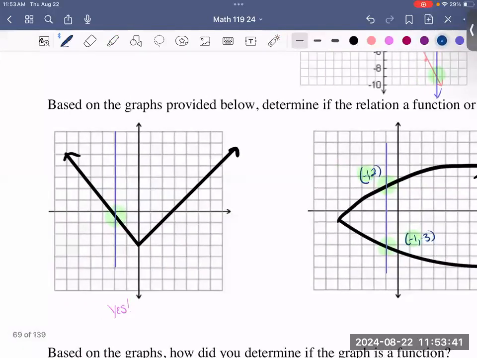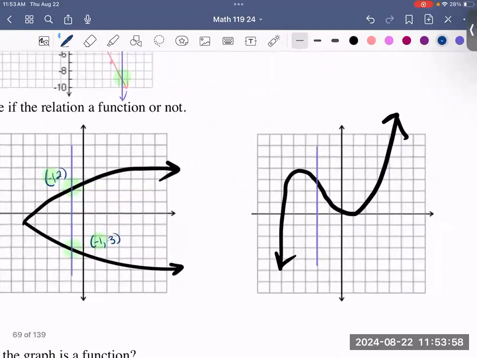Whereas if we did it over here, we just have that one point. Let's just say it is (-1, 2), (-2, -1/2) or something to that degree, right? There's no other value that it touches. And one more time, is this one a function? Yes.